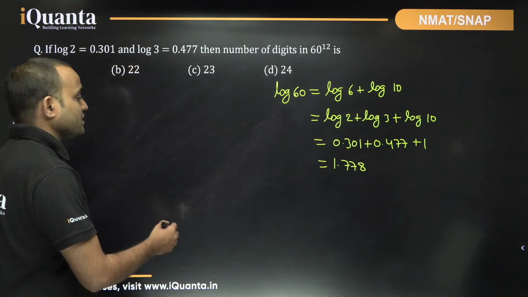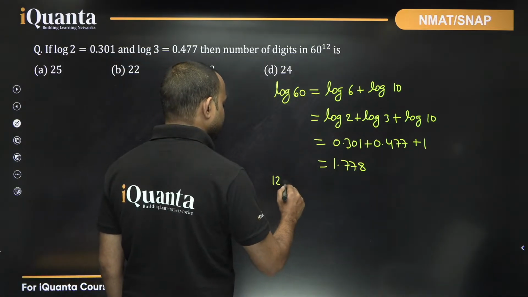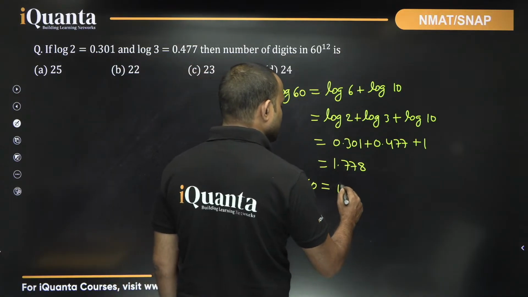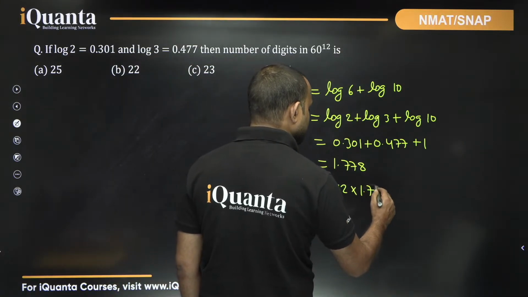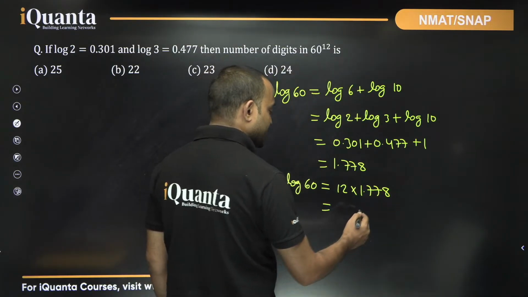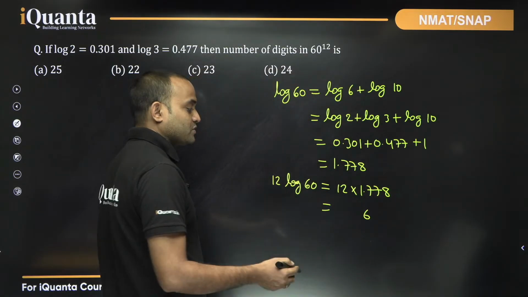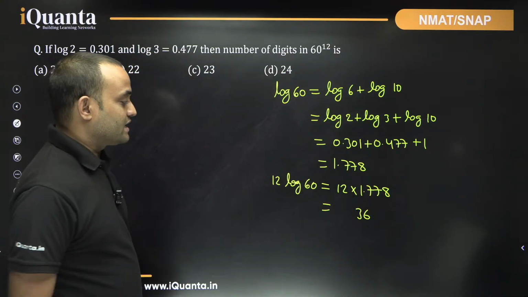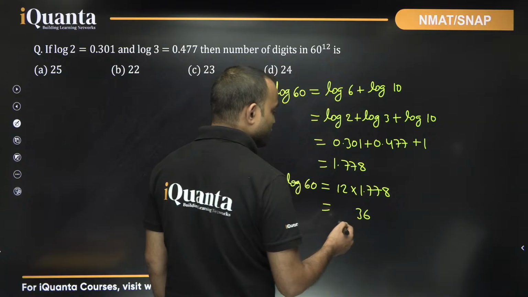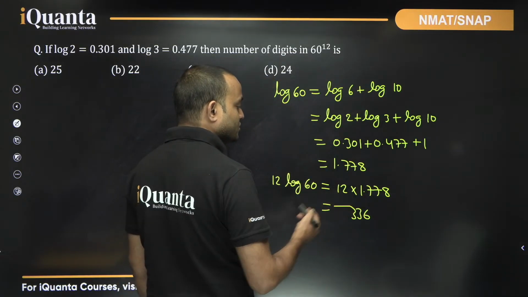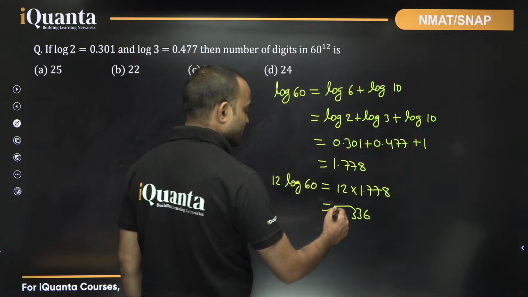So if I need to find 12 log 60, 12 log 60 is equal to 12 into 1.778. So 12 into 8 is 96, carry 9, 84 plus 9 is 93, then again 9, then again 84 plus 9 is 93, 12 into 1 is 12, plus 9 is 21.